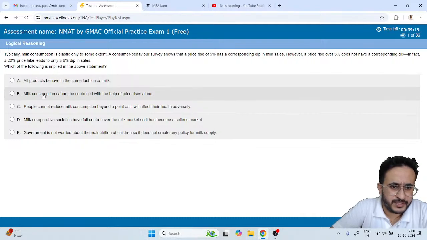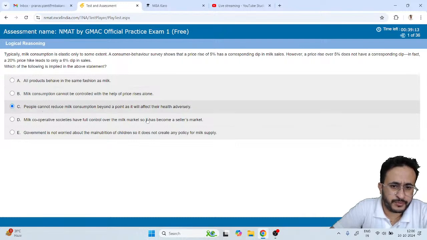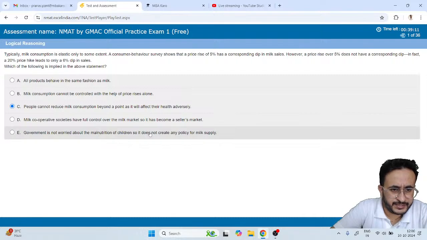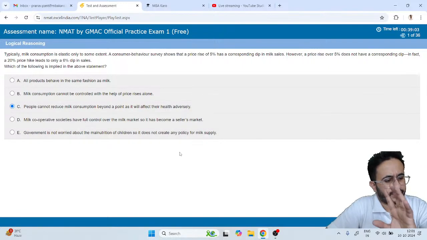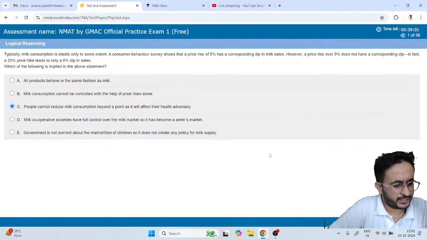No, extreme. Milk consumption cannot be controlled with the help of price rise? No, people cannot reduce milk consumption beyond a point. Health, full control over milk, not worried about malnutrition, out of scope. So consumption cannot be controlled. That's what it is saying, right? So till some point the price rise will happen and people will try to reduce the consumption, but not beyond that.